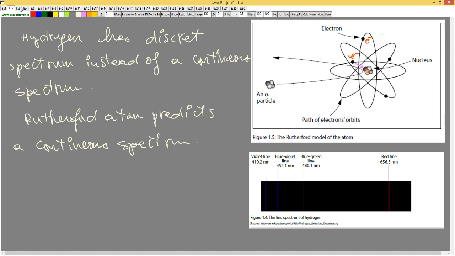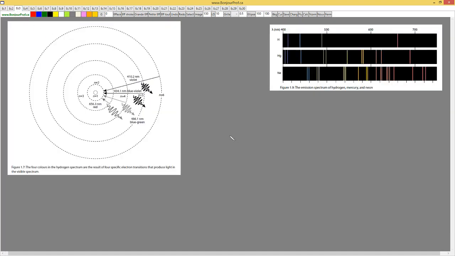So who tried to improve this one? It is Bohr's model. So Niels Bohr, in 1913, he will propose another model. I'm going to write it here.